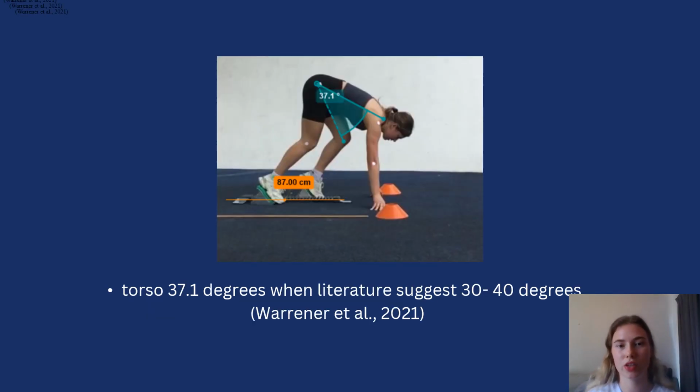Looking at this image, it shows the athlete's body position, their torso was 37.1 degrees, when literature suggests that 30 degrees is optimal. Whilst this isn't a big difference, it could be enough to show that their skill was not optimal in comparison to the literature.